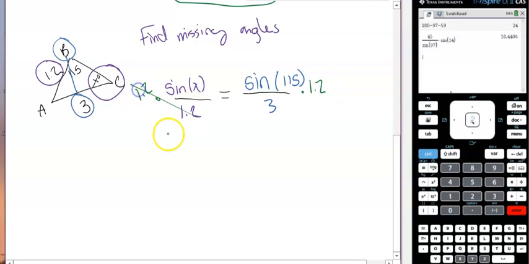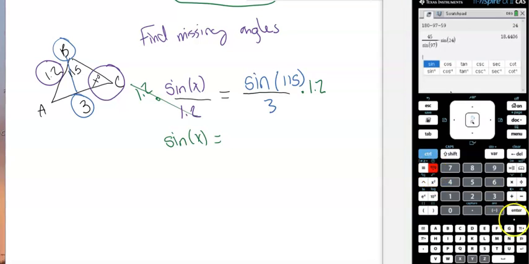So those cancel, and I'm left with sine of X equals, and then at this point, you might want to put this in your calculator, although if you want to just leave it as a nasty fraction, you can. But I'm going to put it in my calculator. Sine of 115. Make sure you close the parentheses here. If you don't close the parentheses here, it's going to give you the wrong answer.